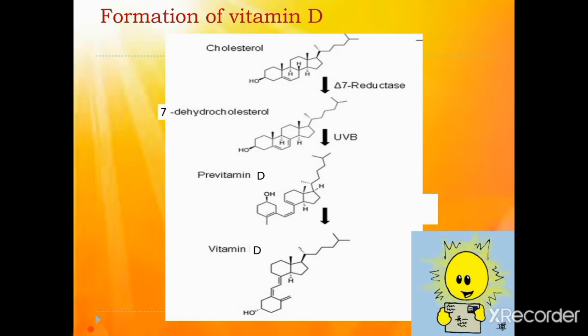One is the opening up of the ring, and the next is the isomerization from cis to trans double bond, forming the pre-vitamin, which is activated in the liver and kidney. On the first and 25th position, an OH group is added, forming active vitamin D.